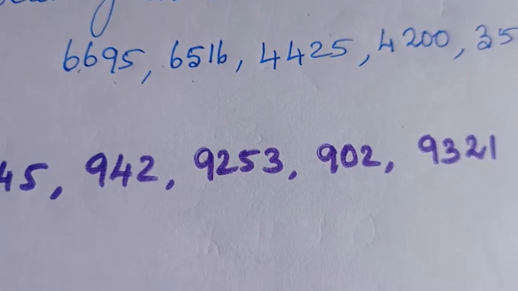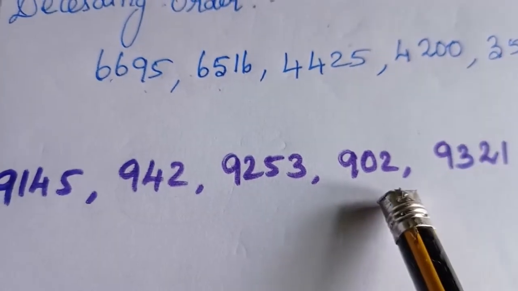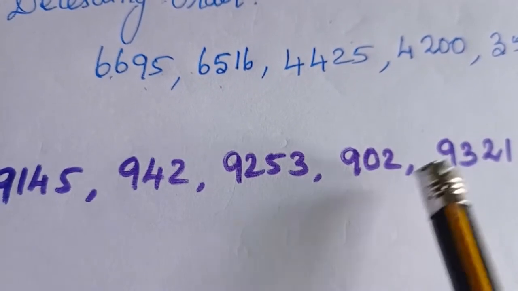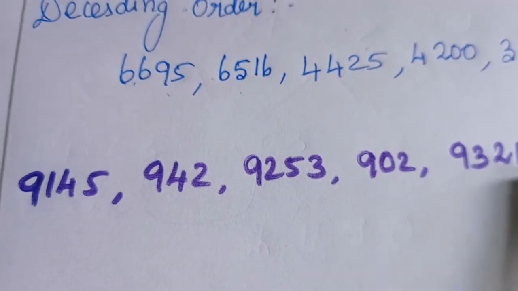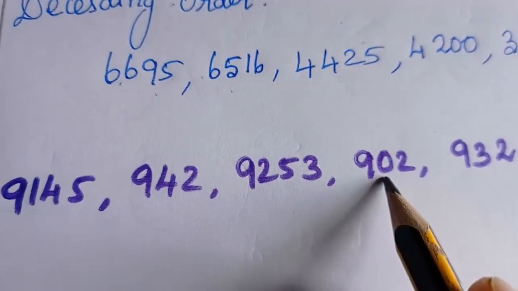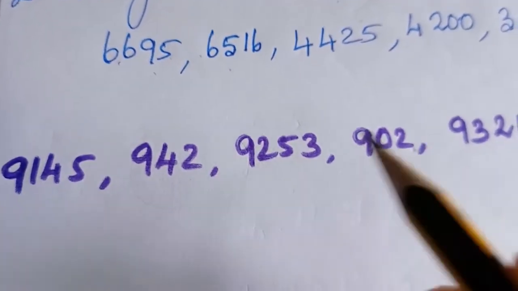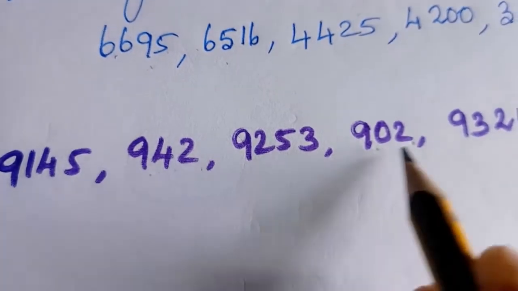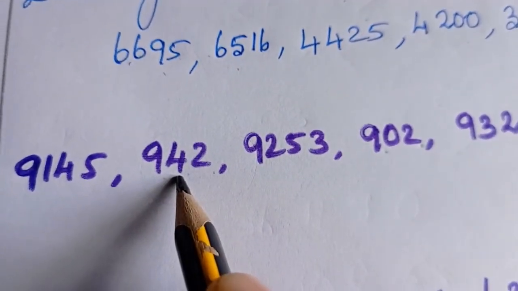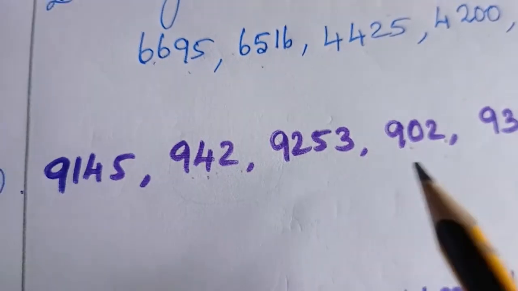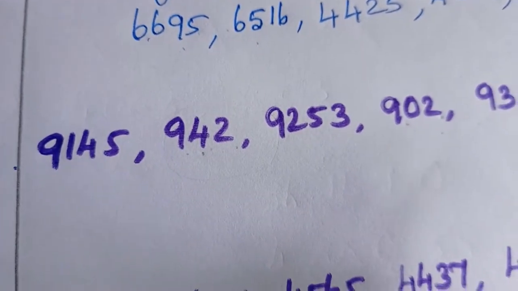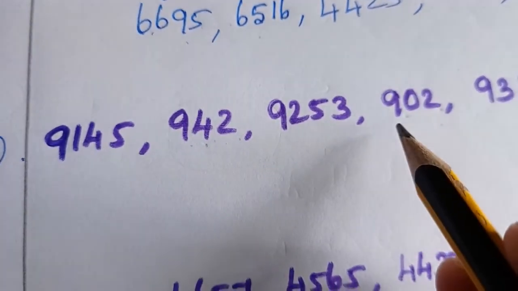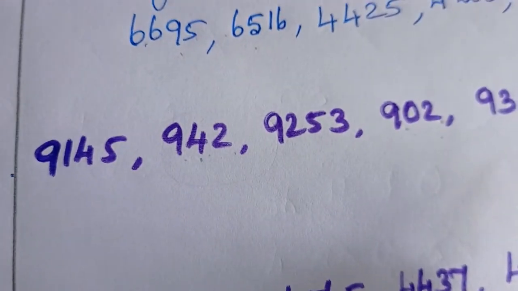Okay children? So which one is the smaller digit number? 3 digit or 4 digit? 3 digit, isn't it? So 902 and 942, these two are 3 digit numbers. Okay children? First find which number has the lowest digit value.